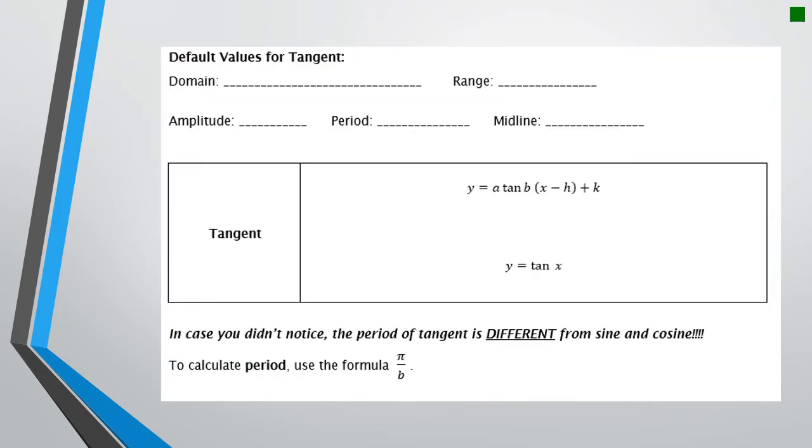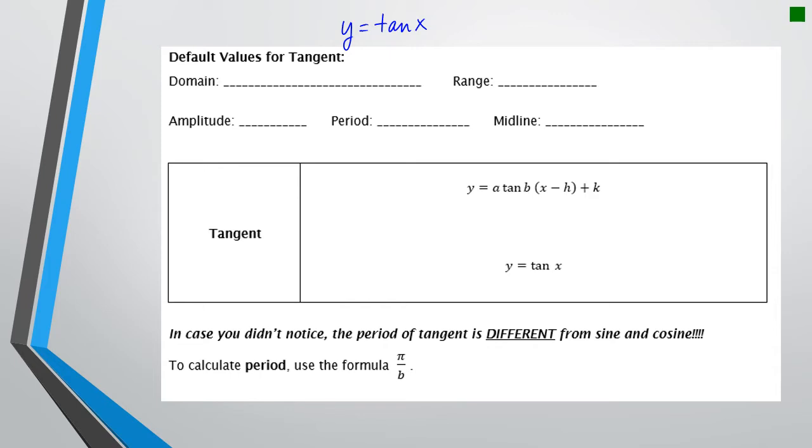Let's talk about the default values for tangent. That is, what are the default values for the parent function, which is y equals tangent x. The domain is a little bit tricky. In sine and cosine, it is all real numbers, and then we were kind of looking at just the interval of the one cycle we were graphing. The domain of tangent is tricky because of those asymptotes.